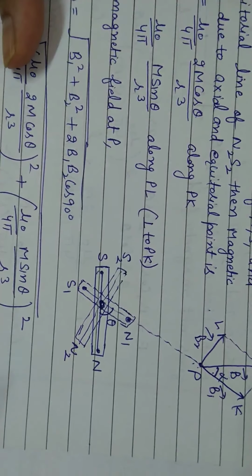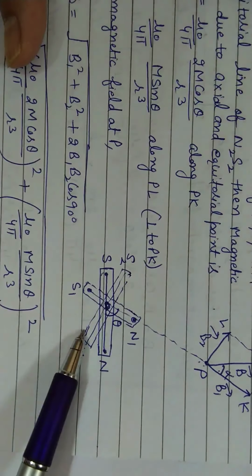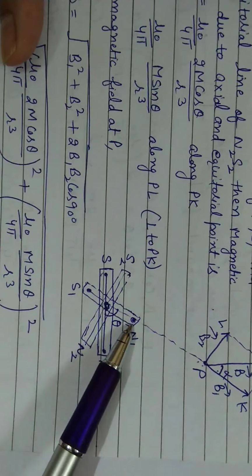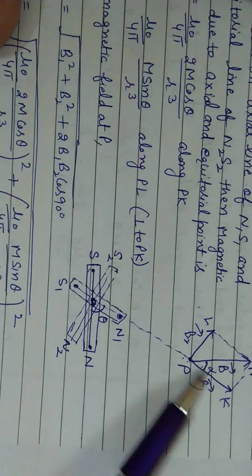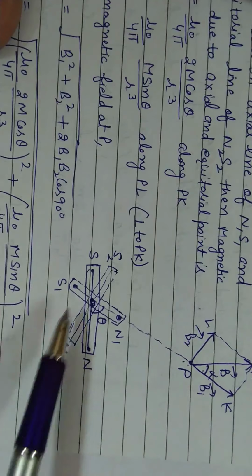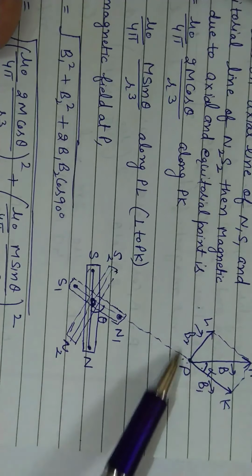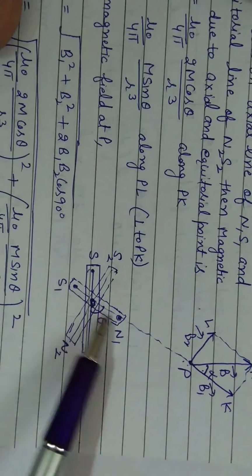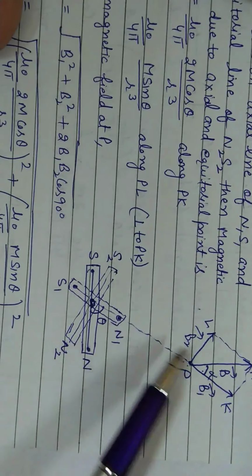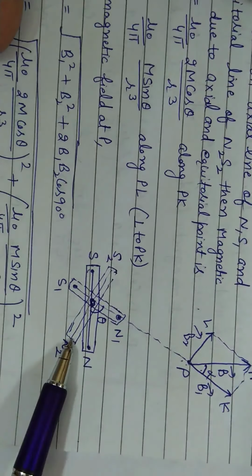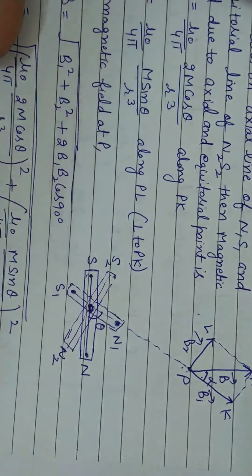Here we consider that the dipole is made of two: one is S1N1 dipole with point P on the axial line, and S2N2 with point P on the equatorial line. For S1N1 we have the dipole moment M cos theta, and for S2N2 the dipole moment M sin theta.